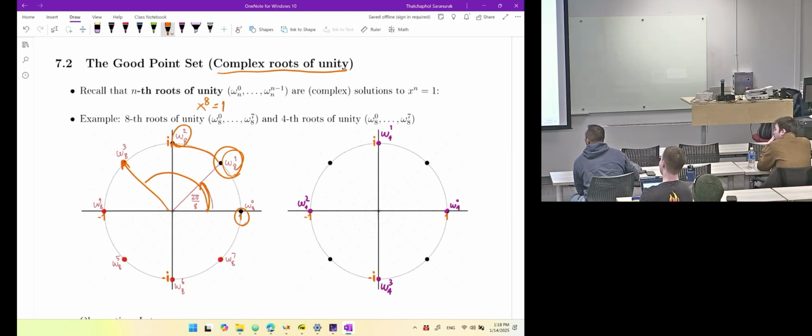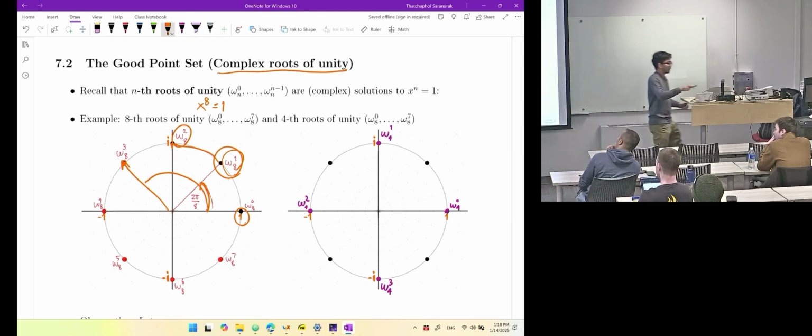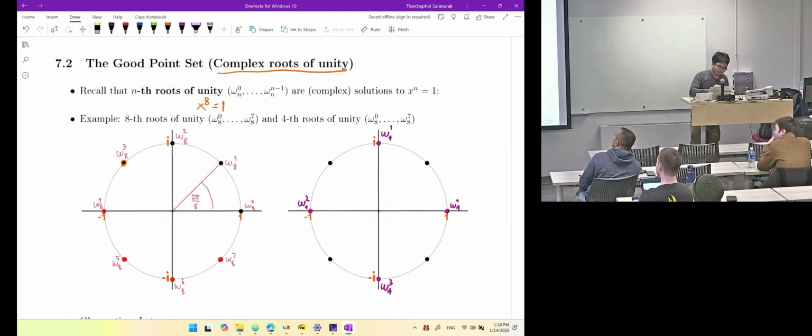This guy also, if you multiply it by itself, the angle will double, so you get to this. If you do it 8 times, how does it look? This guy multiplied by this guy squared, you get to this guy.